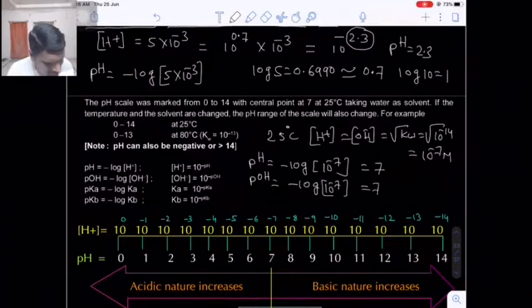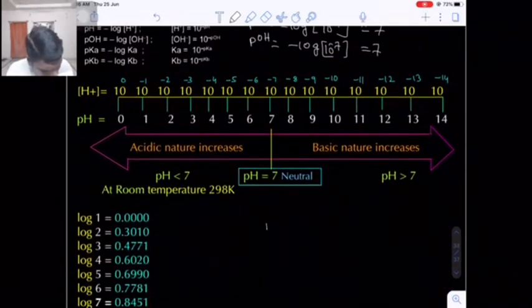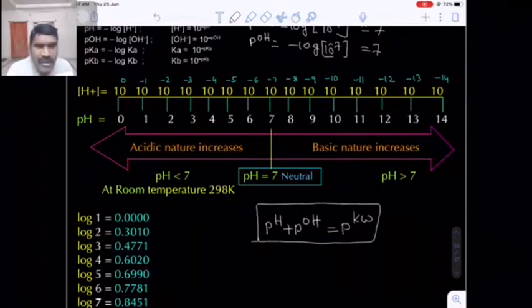Okay. Now the sum of the pH and pOH is equal to pKw. Sum of the pH and pOH is equal to pKw. This is valid for all solutions: acidic solutions, basic solutions, even pure water.